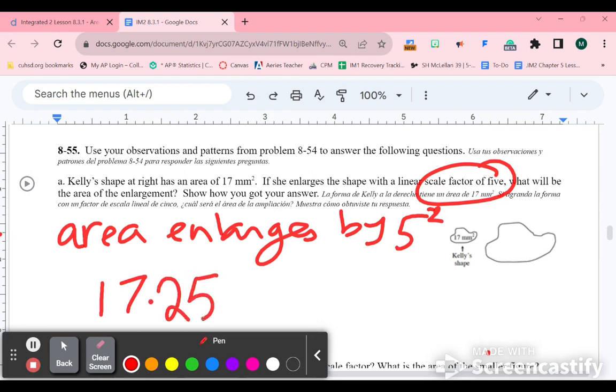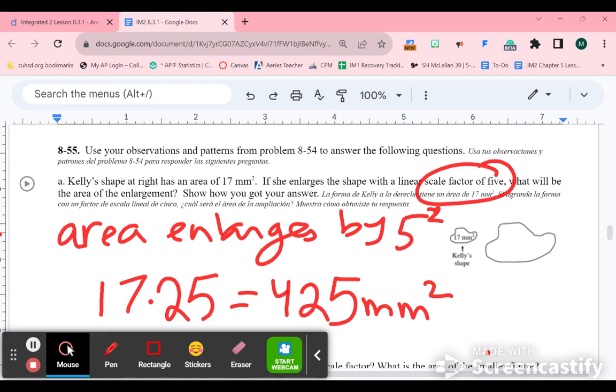Oof. How much is that? Let's see. 16 quarters would be $4. So I think this is 425 millimeters squared. Okay, cool. Next problem.